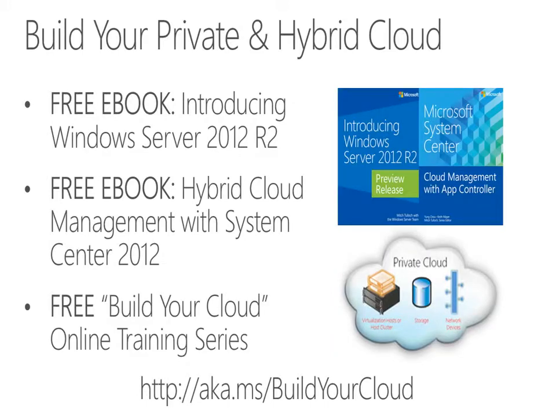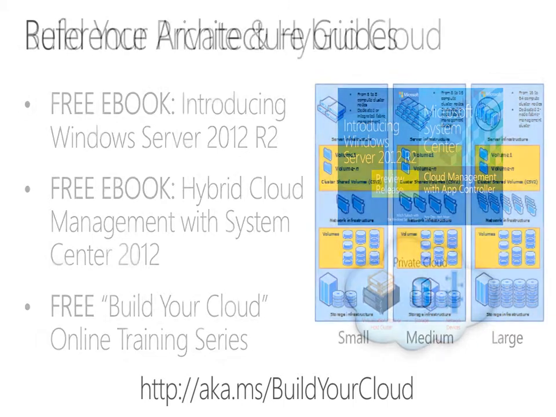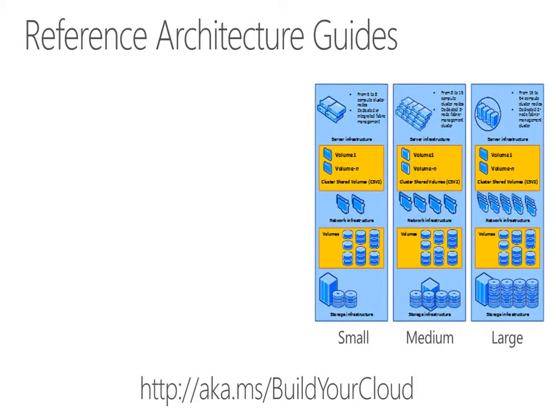And then finally, out at our Build Your Cloud page, we've got a whole series of additional material that allows you to go deeper on planning and building your hybrid and private cloud environment. You can get to that out at the Build Your Cloud link at the bottom of the slide. Some of those resources that you'll find helpful out at that Build Your Cloud page are reference architecture guides that our Building Clouds team or our other data center or product teams have put together.